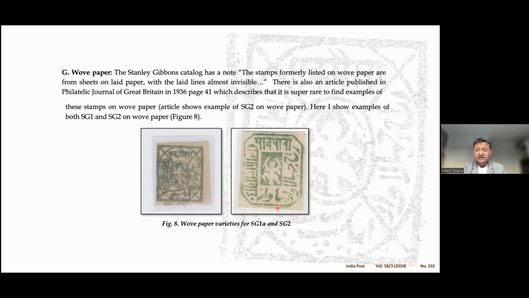You don't see any laid lines. There might have been some examples where one can dispute that these are essentially laid, but these have very dense weaving. Here are two examples for each of the issues which are known to be on wove paper.